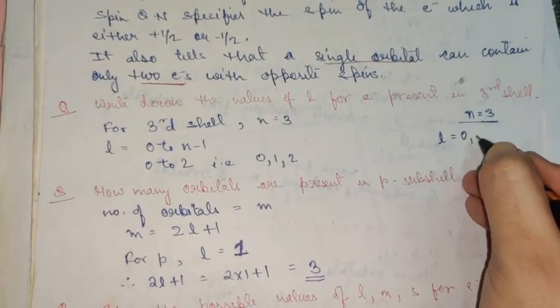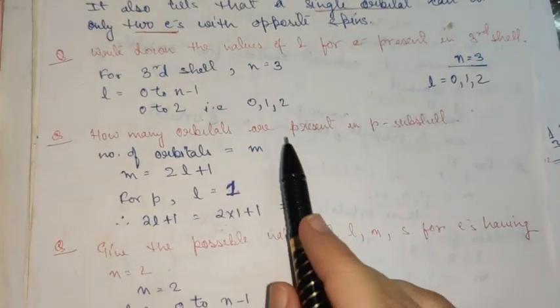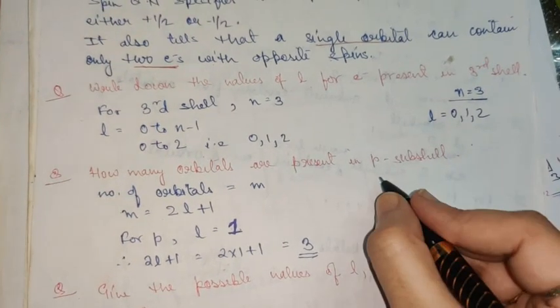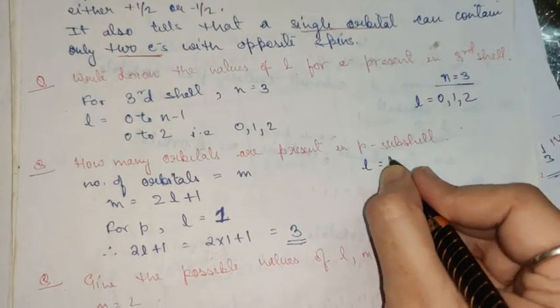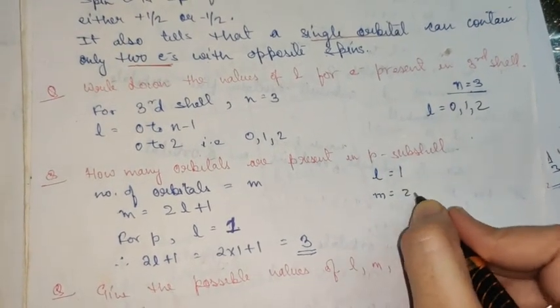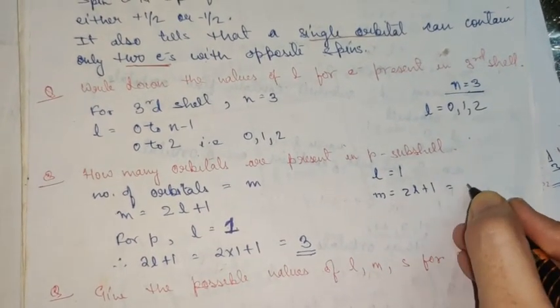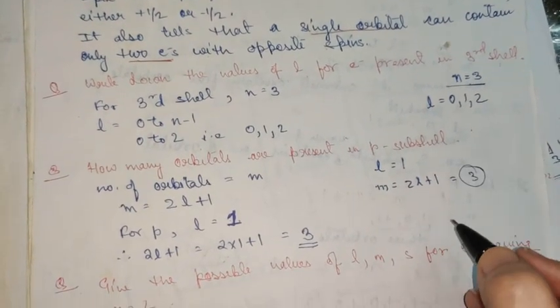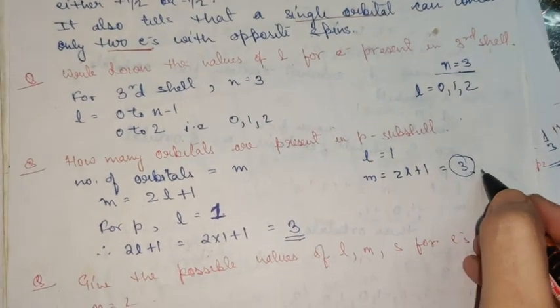It is 0, 1 and 2. How many orbitals are present in the p subshell? This we have calculated. For P, the value of L is 1, and the formula to find M is 2L plus 1, which will be equal to 3. The number of orbitals is 3 and the number of electrons will be 6.